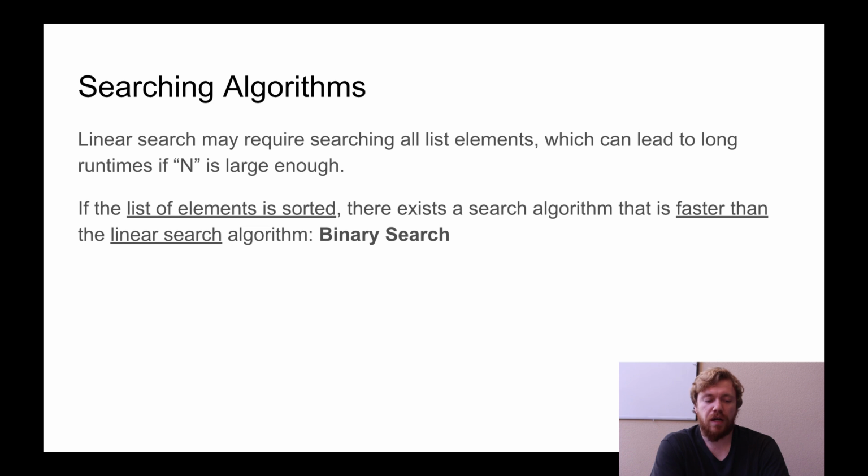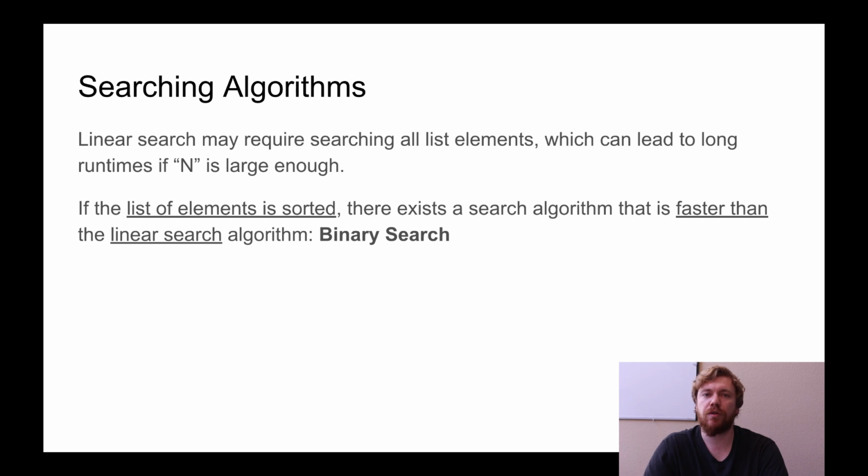The next one we're going to talk about here is binary search, and it's faster than the linear search algorithm. But it does have a condition, though. If the list of elements that you're looking at is sorted, there exists a search algorithm that is faster than the linear search algorithm, and this is binary search. So that is a requirement of the binary search algorithm, that the list of elements be sorted.